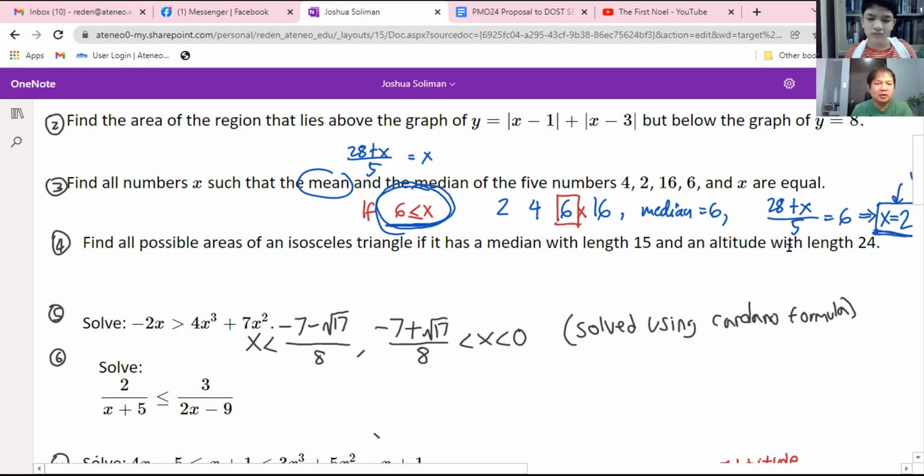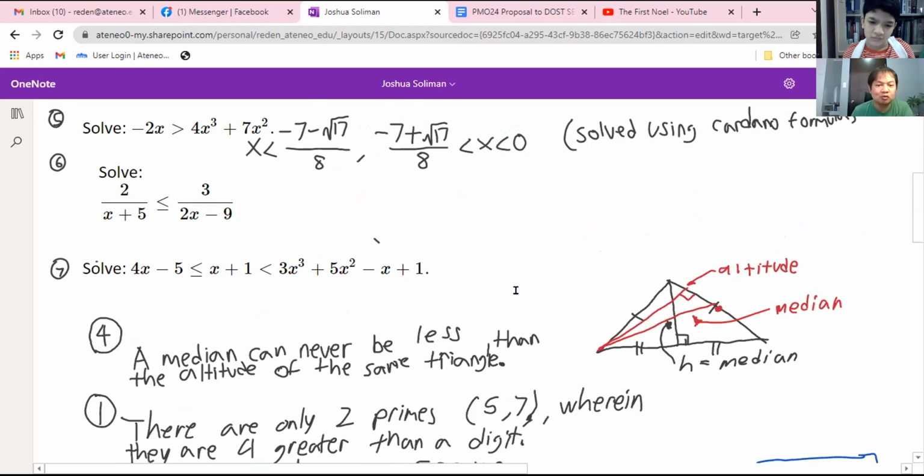Okay, number 4: find all possible areas of an isosceles triangle if it has a median with length 15 and an altitude with length 24. And you said that a median can never be less than the altitude of the same triangle.